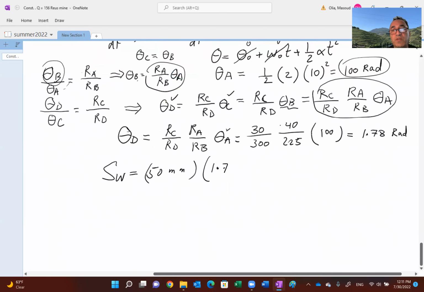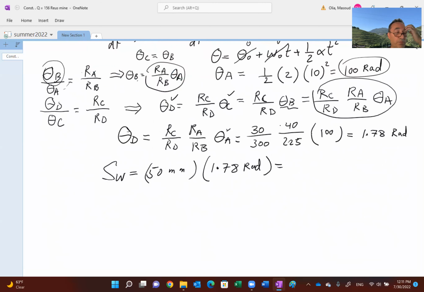The 1.78 that I got. Look, the radians, I'll put the units here for you. So 50 millimeters times 1.78 is 88.89 millimeters, almost 89 millimeters of movement up. So it's being lifted.